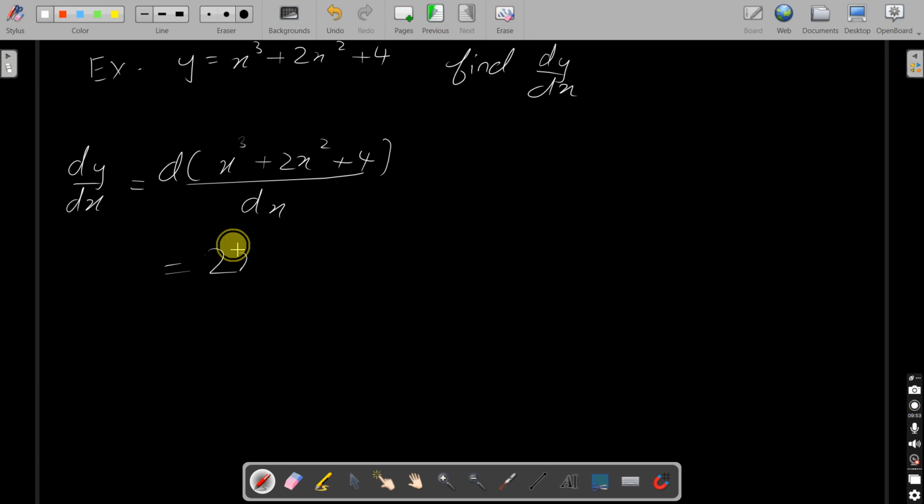It is 3x squared, plus 4x plus 0. This is a constant, so it becomes 0. So dy by dx is 3x squared plus 4x.